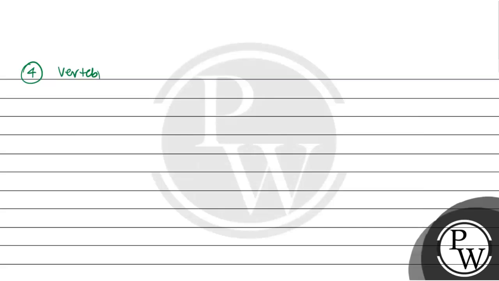Vertebral column. The vertebral column consists of 33 bones. There are 5 parts of the vertebral column. 5 categories में divide करा गया है. First is the cervical. Second is thoracic. Third is lumbar. Fourth is sacrum.